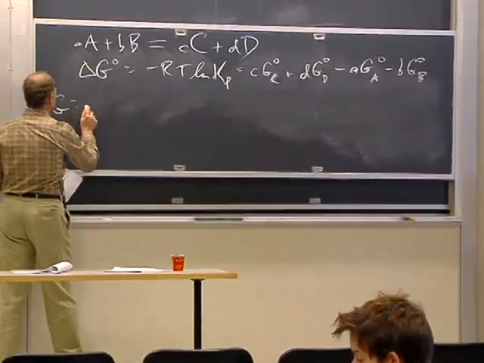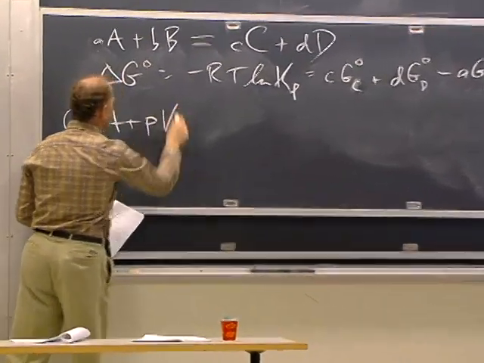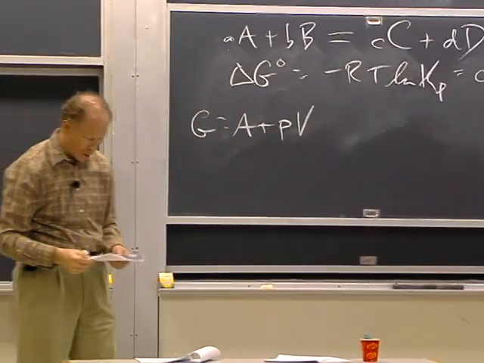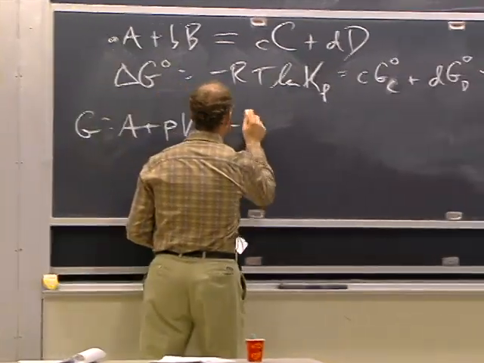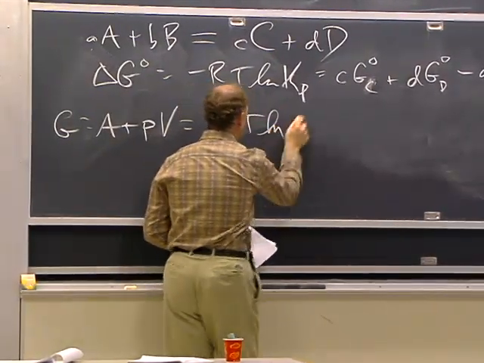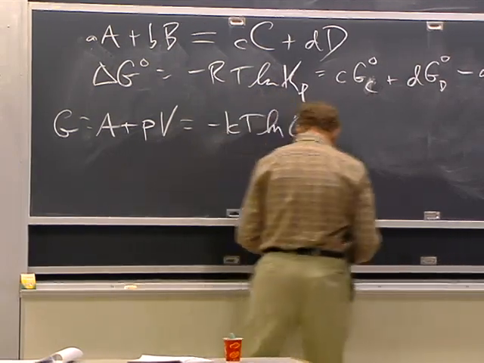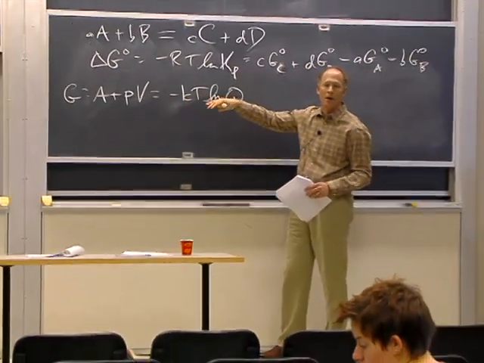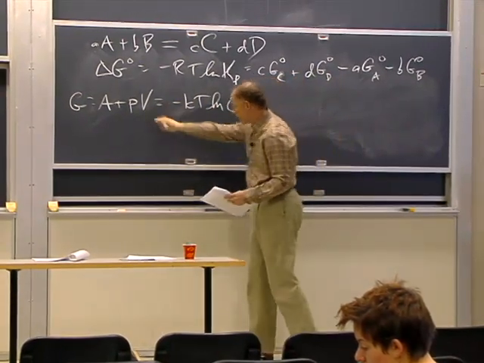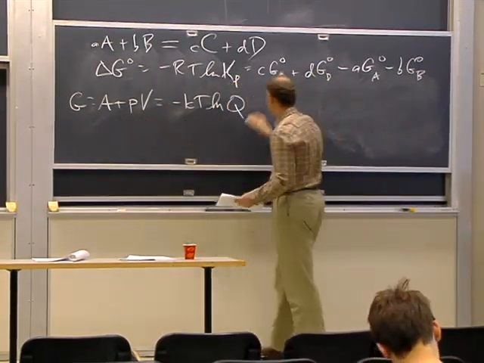So we know that G is A plus PV. A is minus kT log of capital Q. I'm going to assume that we're in the gas phase, and it's an ideal gas, so I'm going to replace PV by NkT.